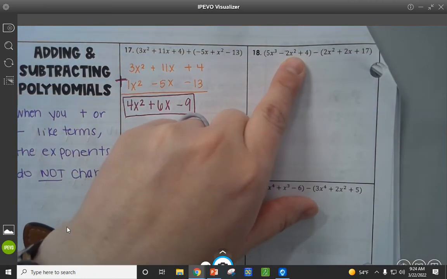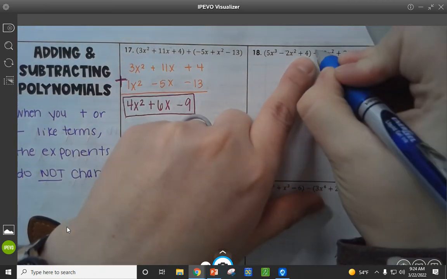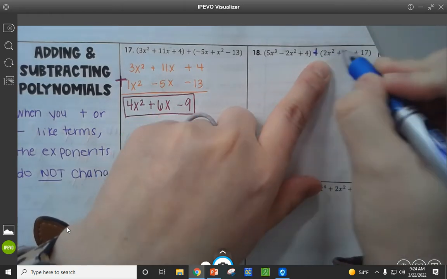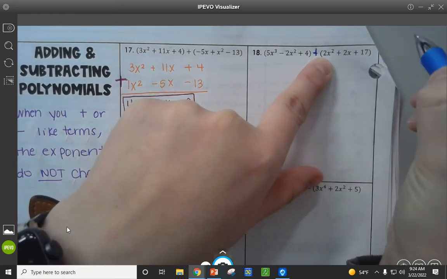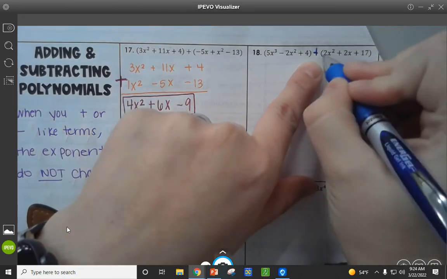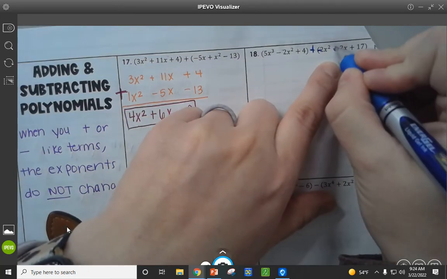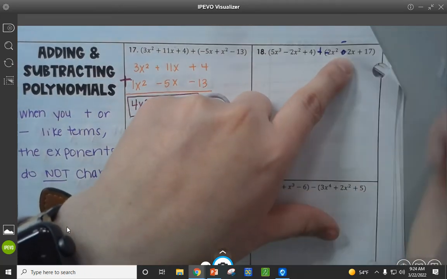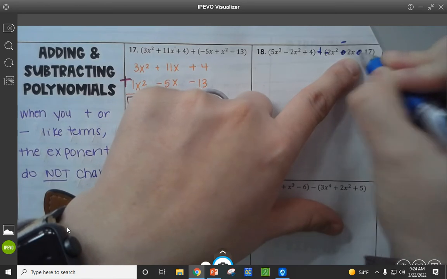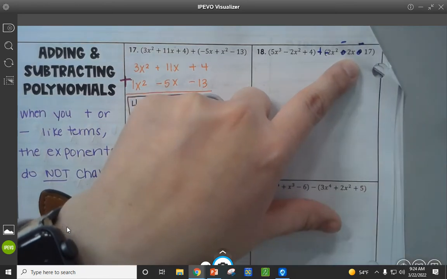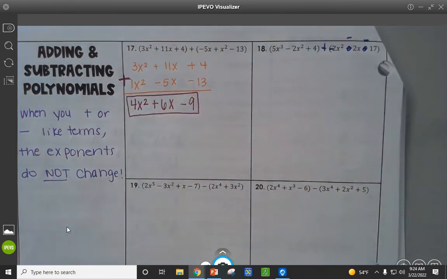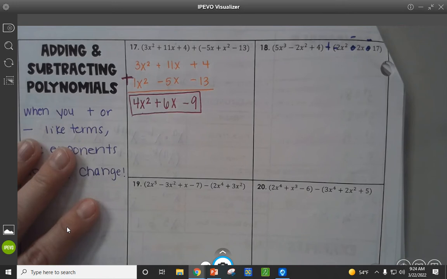What you do is you change the minus to a plus, and then after that you change every sign. So this positive 2x squared becomes negative 2x squared. This plus 2x becomes negative 2x. This plus 17 becomes minus 17. And then it's an addition problem just like number 17.